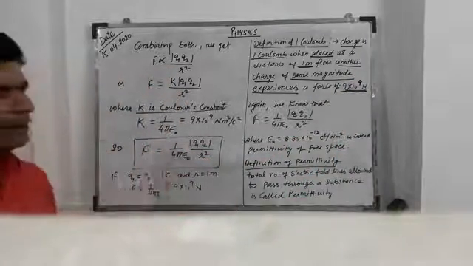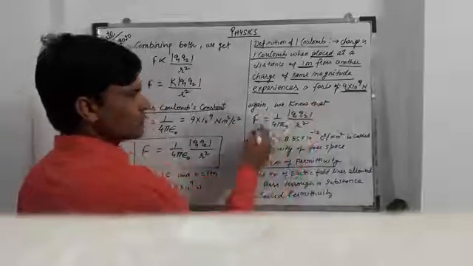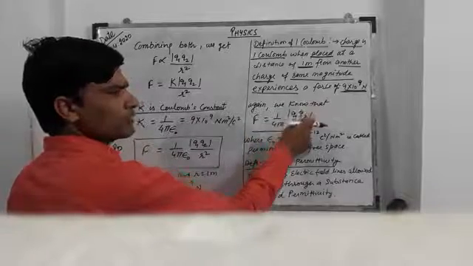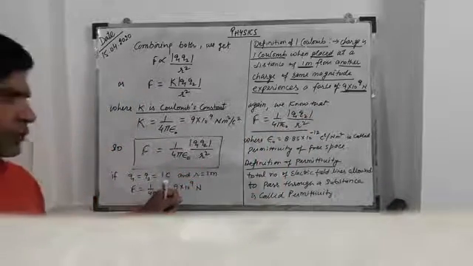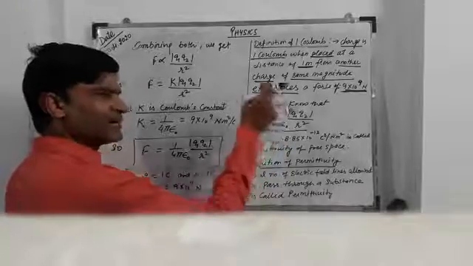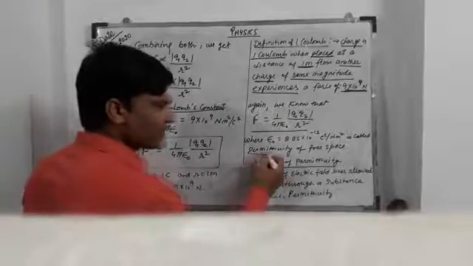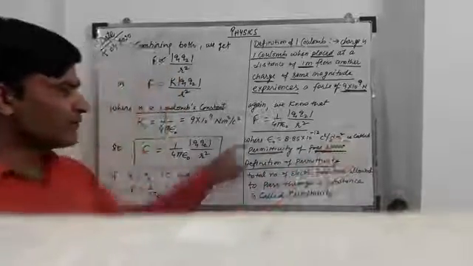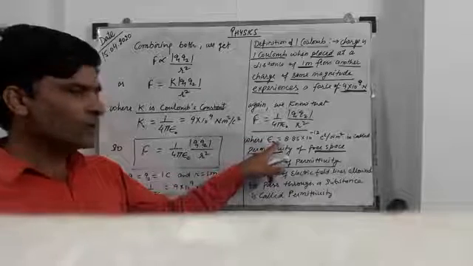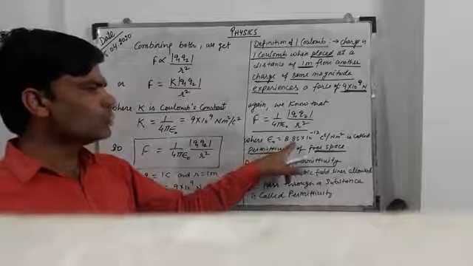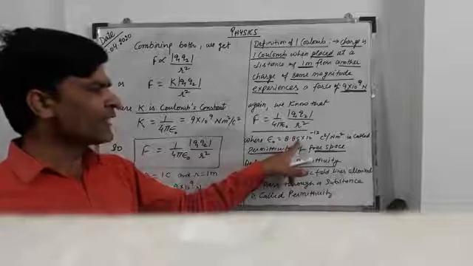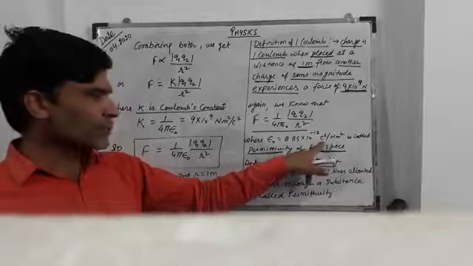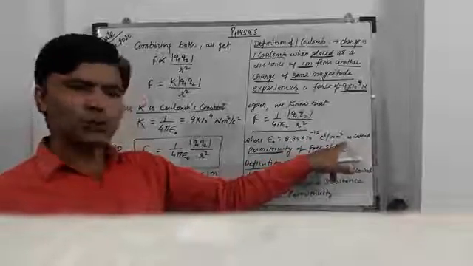Again, we know that F is equal to 1 upon 4 pi epsilon naught Q1 Q2 upon R square, where epsilon naught is the permittivity of free space. The value of permittivity of free space is 8.85 into 10 to the power minus 12 Coulomb square per Newton meter square.